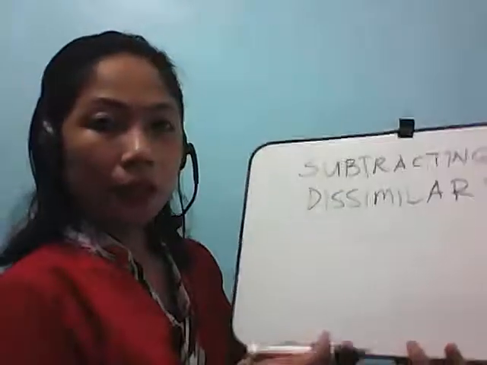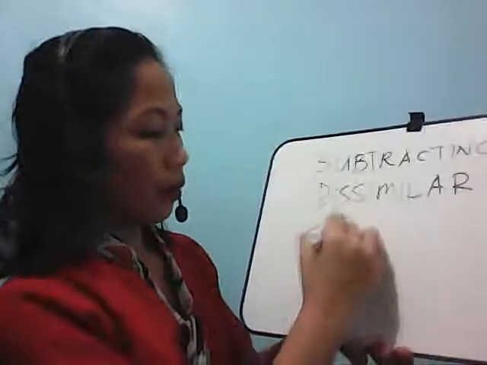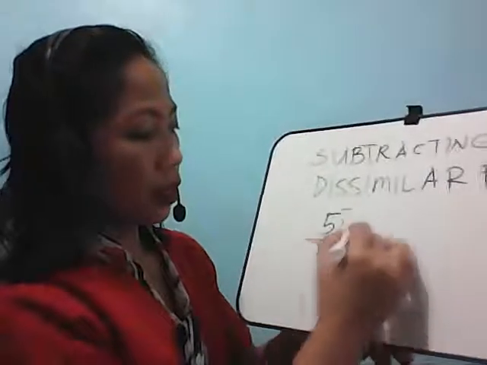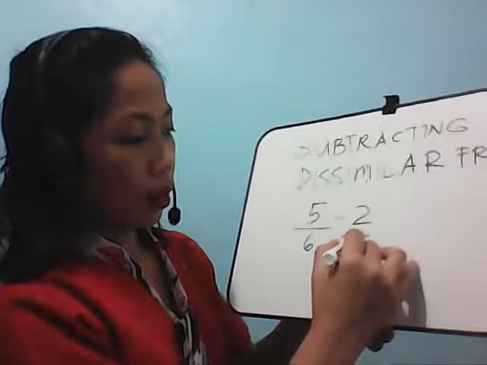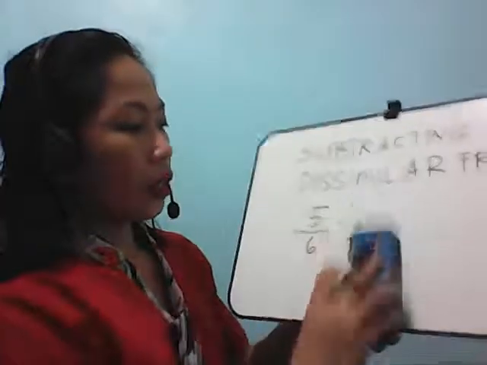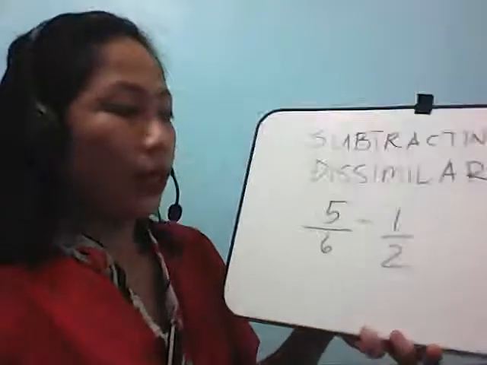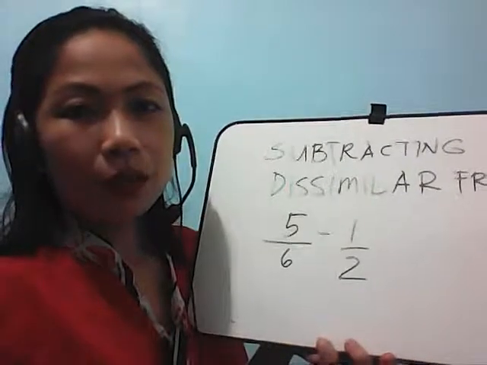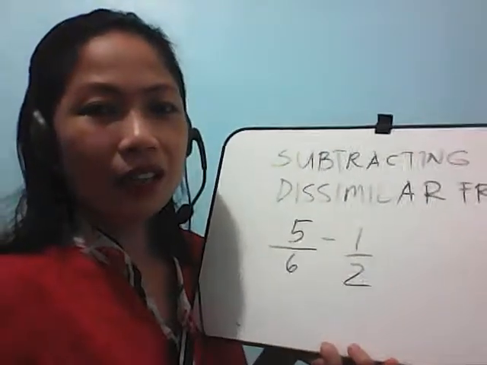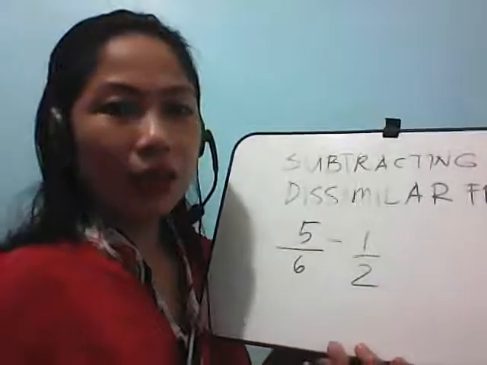Here is the example. 5 over 6 minus 2 over 3. Can you please answer this, Ian? The same process, only now we will subtract.